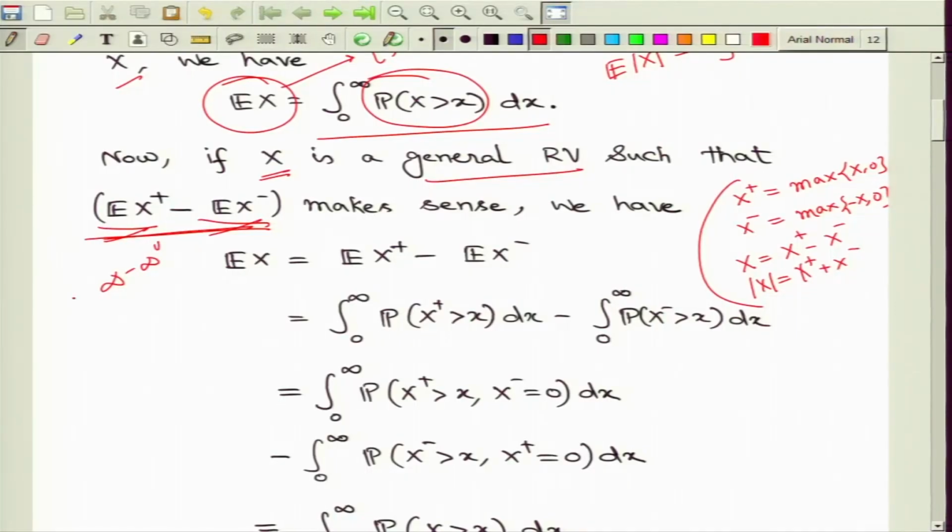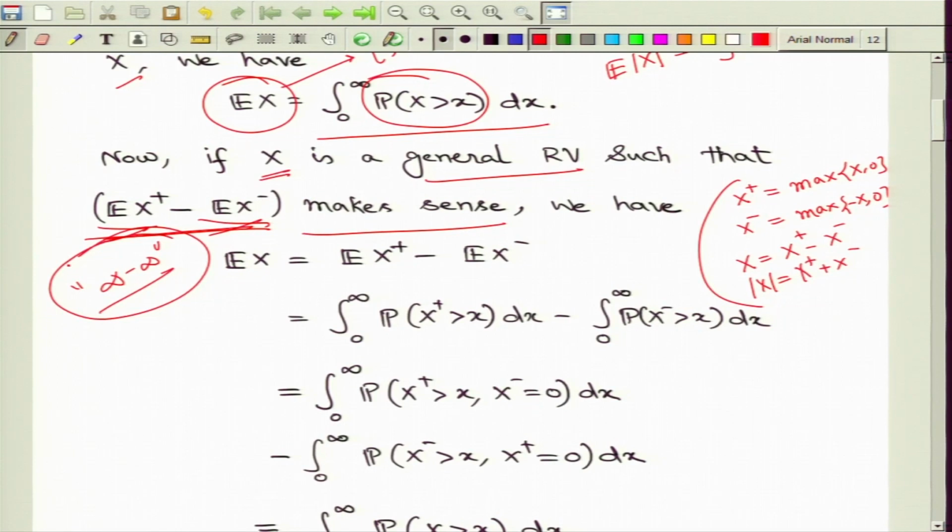But if one of them is finite and the other is infinite, then the difference can take value plus or minus infinity, which we now allow. But if both of them turn out to be infinity, then we end up with an infinity minus infinity situation, in which case we cannot make sense of the integration. In these cases, we say that the expectation does not exist.